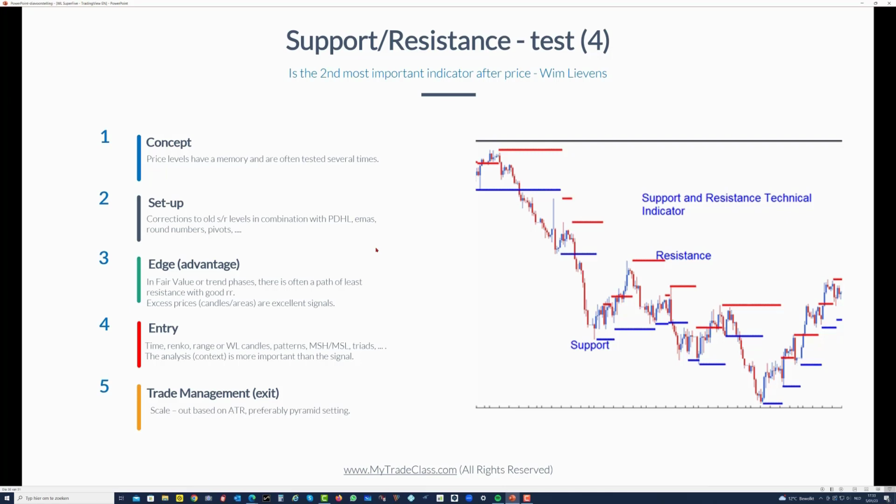Now, support and resistance trading is very popular, and for good reason, because it's a very good strategy. The only thing I am a little bit uncomfortable with is the way it's traded, because people will set a support level, for example, and they say, well, it's going to bounce there.